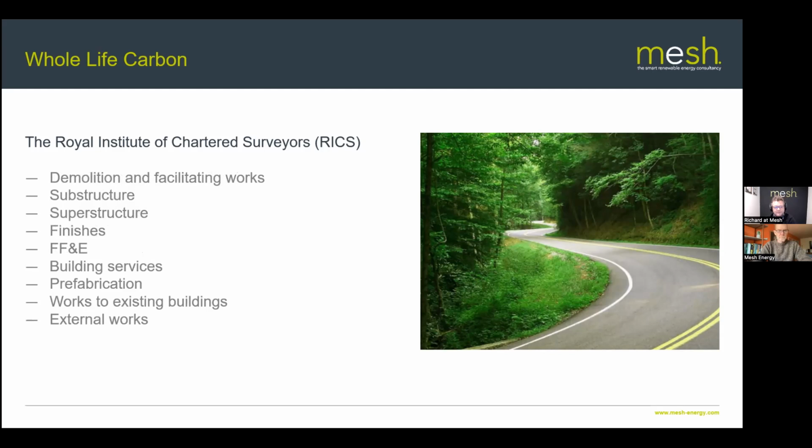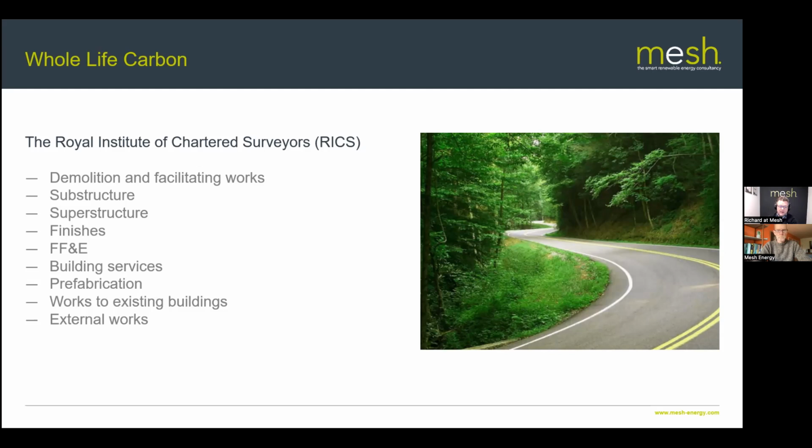What it covers, if we're talking about a retrofit, is everything from demolition, and what we do with the carbon at the end of the life of a building. So, have the RIBA digital planner in the back of your mind, that circle of the stages. It also includes facilitating works, the foundations, superstructure, whether it's timber, steel, concrete, etc. The finishes, and if you've got details on FF&E, that goes in.